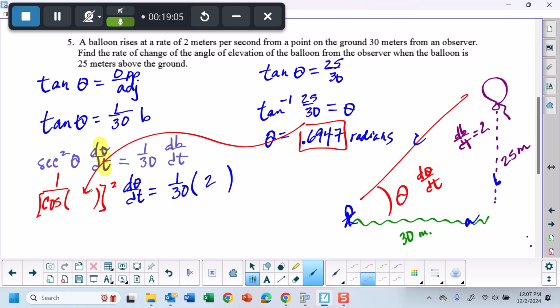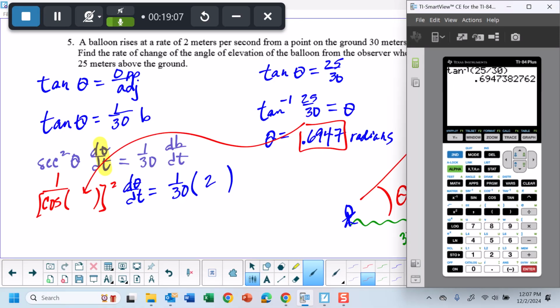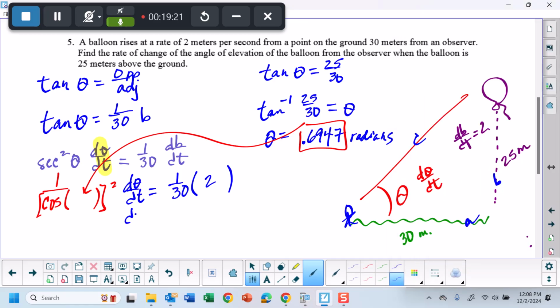So if I go back to my calculator, I'm going to leave that value in there because that's my radian, my angle value. So in order to solve for the change in theta with respect to time, I have 1/15 times the cosine of that theta squared.